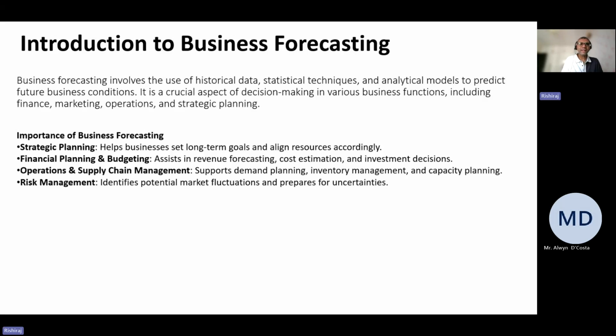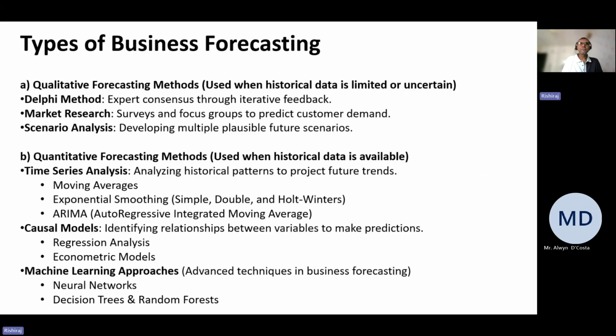And there are two major aspects of business forecasting. One, we say the qualitative forecasting method. When historical data, or rather quantitative data, is not available, or not available in the quantity that we desire, or not available in terms of the quality of the data that we desire, or simply we do not want to use quantitative data.